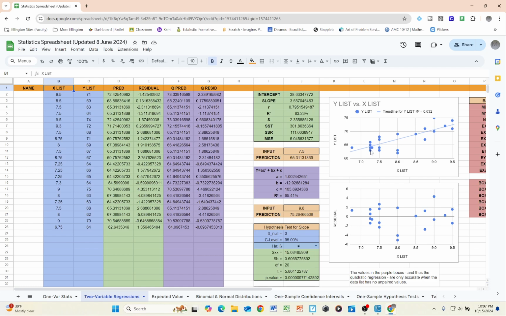For example, all the people who have a hand size of 7.25, it looks like you've got a person around 63, 64, maybe 65, 66 inches tall. So hand size is 7.25 inches, and that person might be 63 to 66 inches tall.